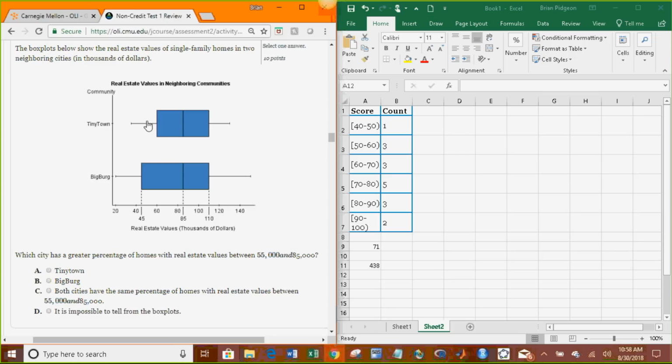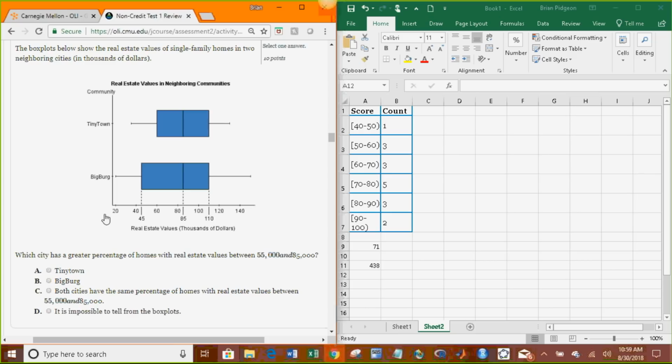So 25% of our data in a box plot is contained in the first whisker. 25% of our data is in this left part of the box. 25% is contained on the right side of the box, and then 25% of our data is in the right whisker. Box and whisker plots never tell you the number of samples, or the number of values in your data set.